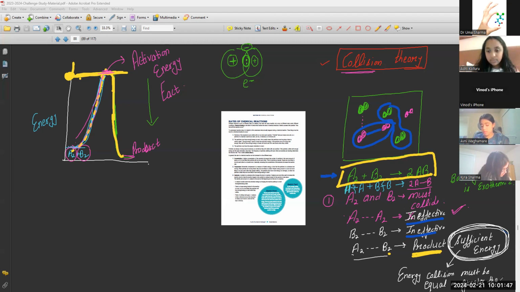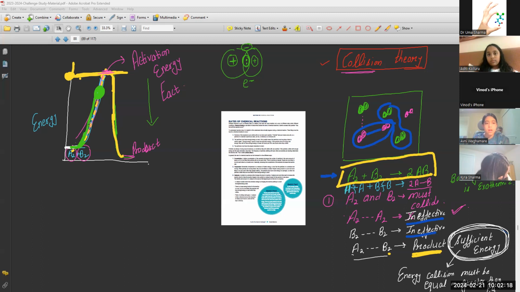And if that energy is not achieved, if you are not providing this much energy, then your reactants cannot cross this hill. Let's say you supplied only this much energy here, you stopped here. Do you think you will get the products? No. That collision will be a waste.